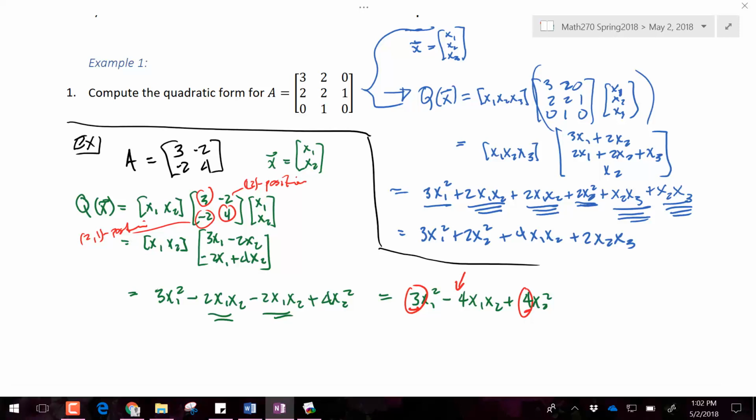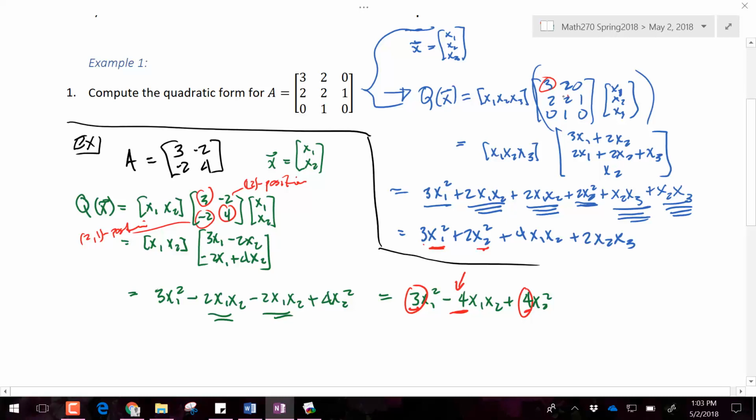And if you imagine that's coming from x1, x2, the order of x1 and x2 doesn't matter because they'll just be together. Then you see that negative 2 and negative 2 can be added together to be negative 4. So it actually is not a coincidence that it works out like that. That's exactly what happens. And so if we take a look at this, our 1, 1 position is 3.